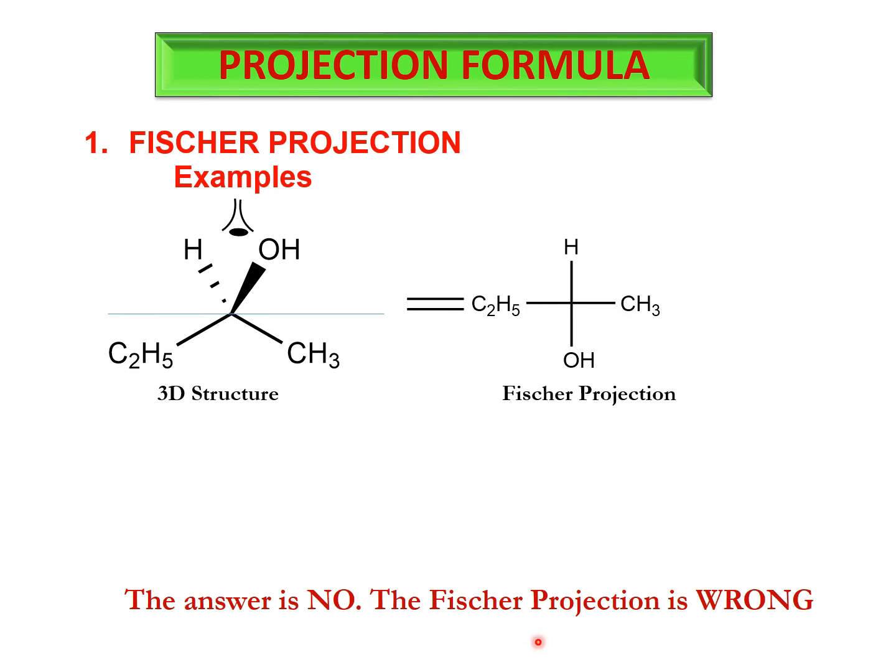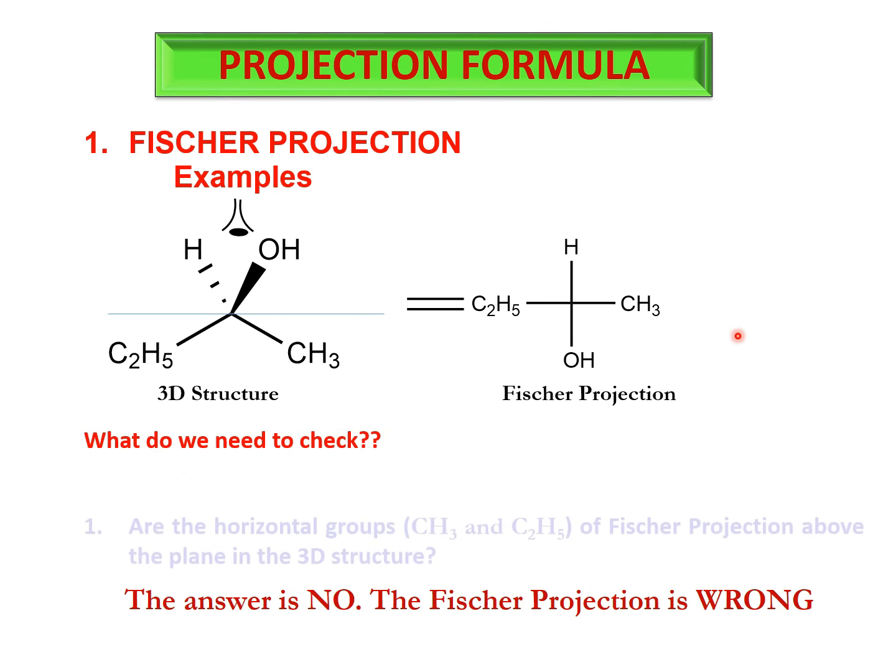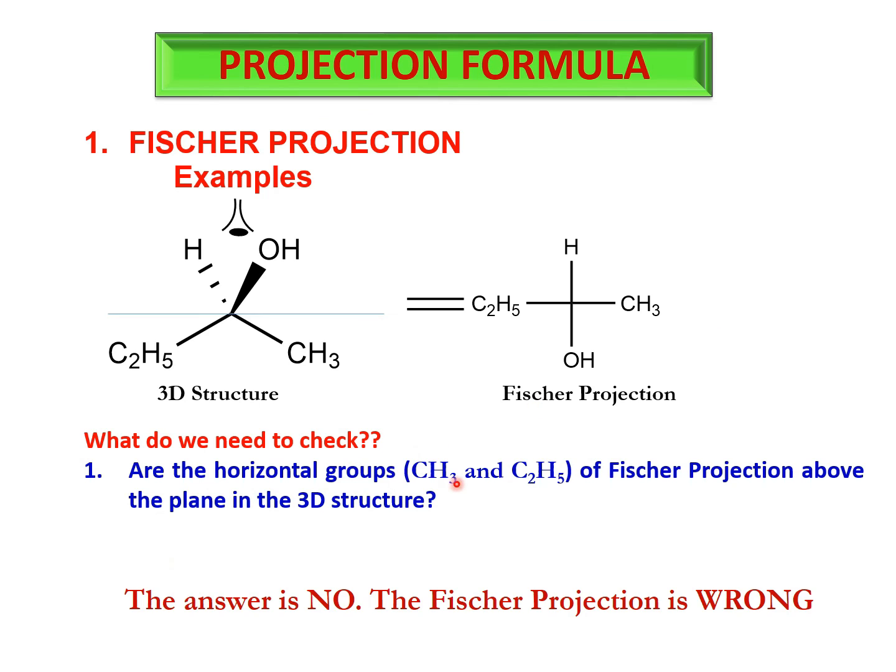Why? Let's see. Again, ask yourself those two questions. So the horizontal groups in the Fischer projection, that is the CH3 and C2H5, were these groups towards the viewer or above the plane in the 3D structure? No. Your eye is here above this line, and these two groups are below this line. So it means they are away from you.